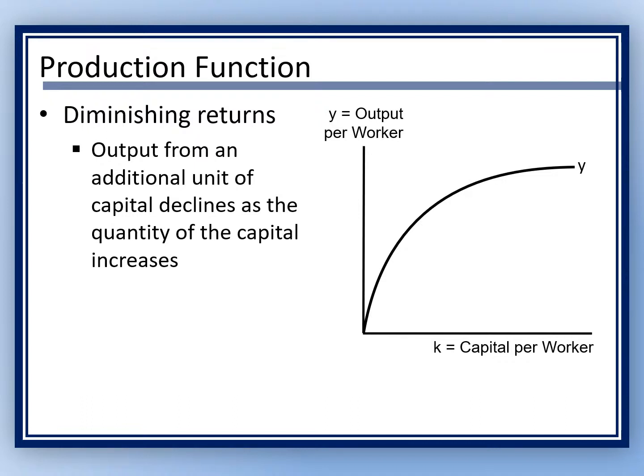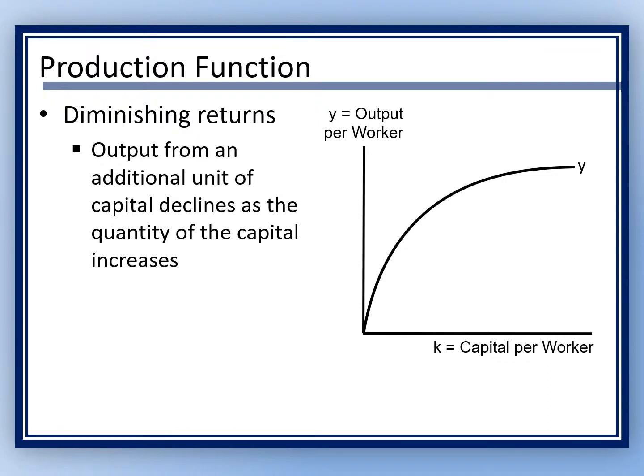The first line being this black line that is concave in shape. This line is the production function. It represents how much output you get per worker given the capital per worker. Now notice that in the Solow growth model, everything is in terms of per worker. So you can see that when a worker has more capital, he's more productive, but there is diminishing returns.